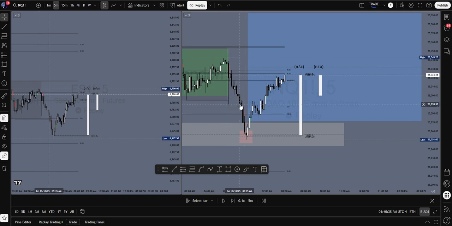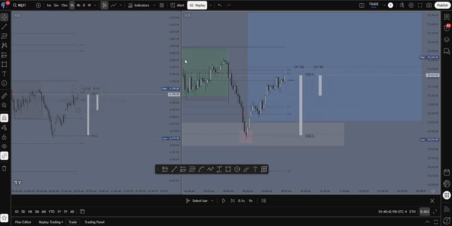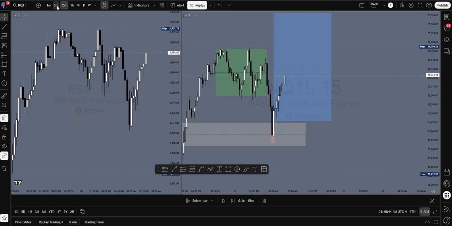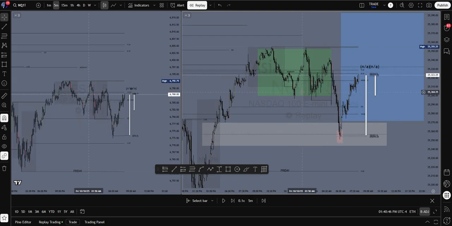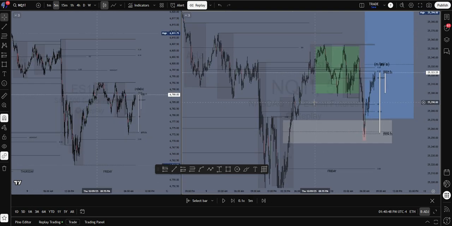You're just so focused on the lower time frame that's why you get lost. Didn't I have a standard deviation placed over here?